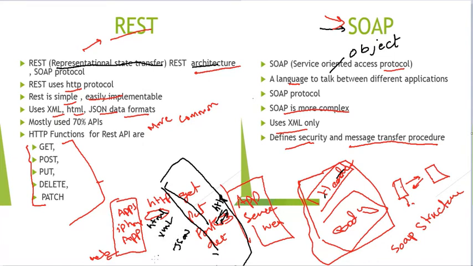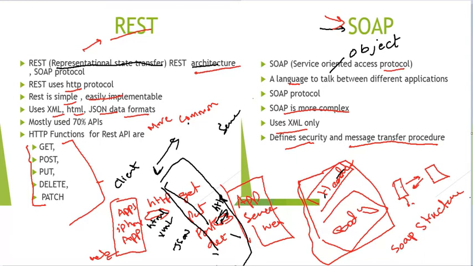You can have any of these three data formats used to transfer the data using the HTTP protocol between the client and the server. So this is what REST actually is.